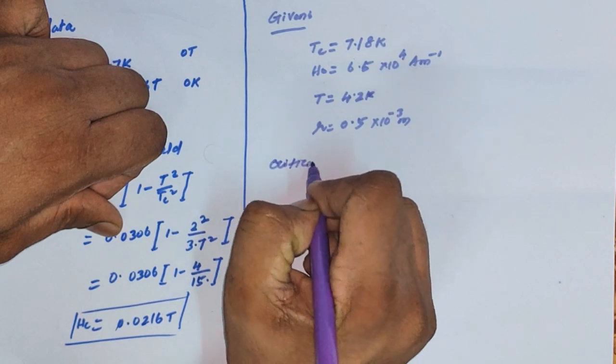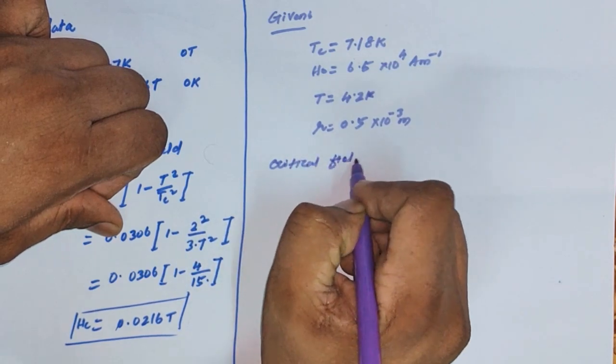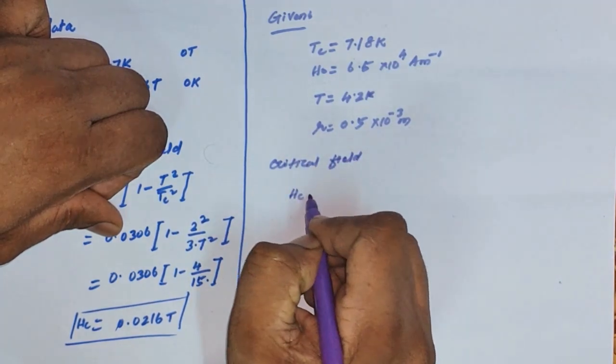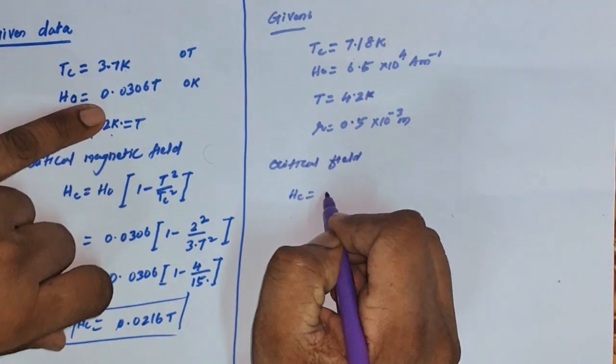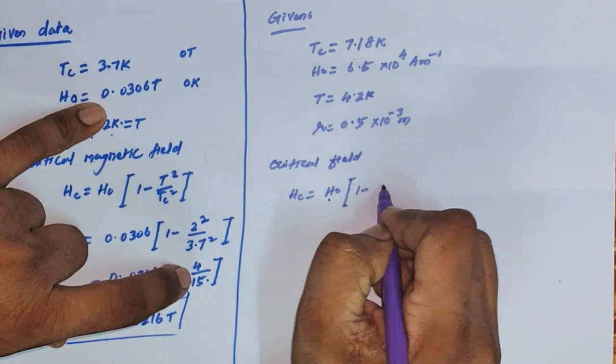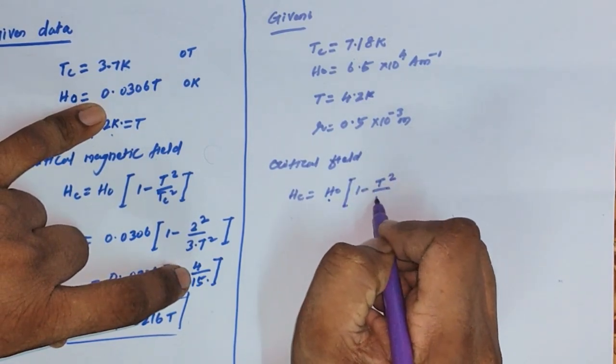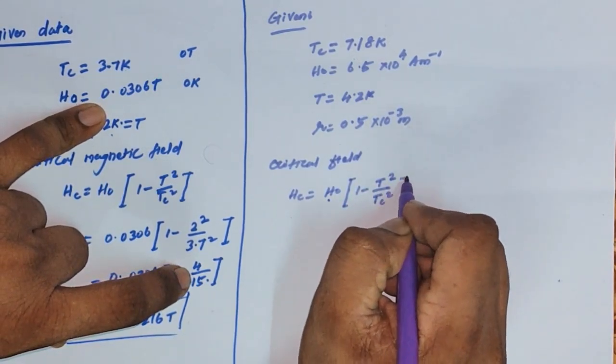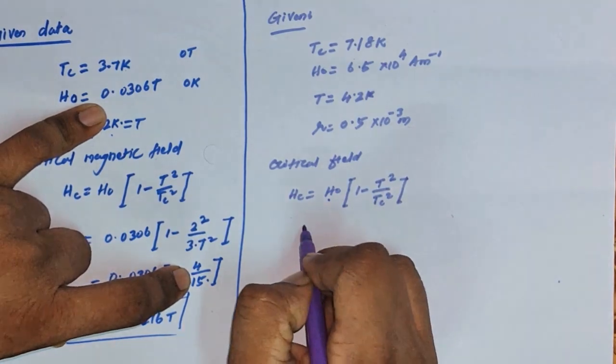The critical field for the given lead wire, Hc, in general we use the same formula: H naught, the critical field at 0 Kelvin, times 1 minus the square of the temperature divided by the critical temperature.